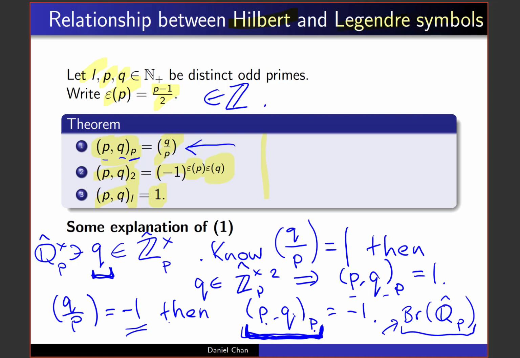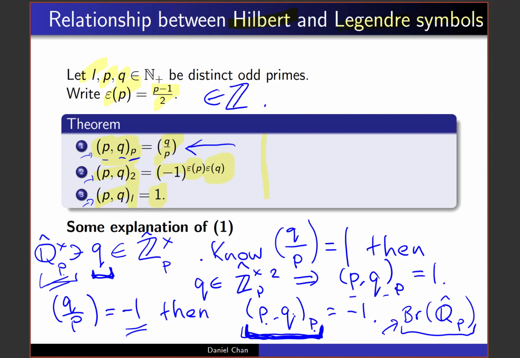Okay, so note that it's quite easy to sort of work out what these values are. It looks like there are lots of values, but really at the end of the day there aren't that many possibilities because you only need to know what it is up to squares. Okay, so to evaluate these Hilbert symbols, you only need to know what it is up to squares, and this Q hat P modulo squares is either the product of two cyclic groups, or at most when you have P equals 2 is the product of three cyclic groups.